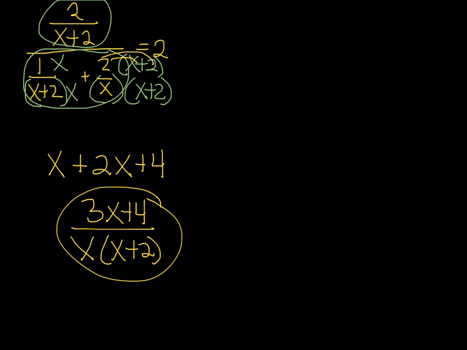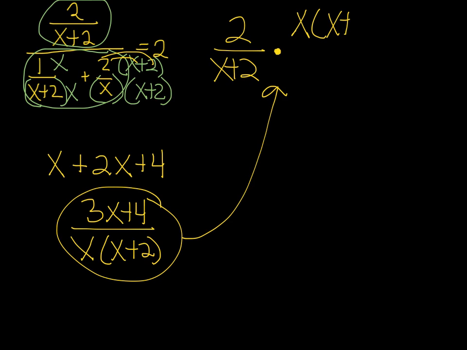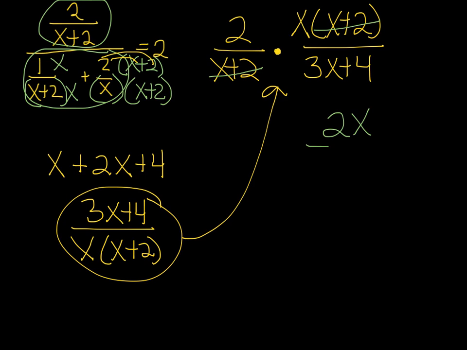Now I'm going to take the numerator, 2 over x plus 2, times the reciprocal of this, x and x plus 2 over 3x plus 4. So that means these x plus 2's will cancel out, and I have 2x over 3x plus 4.